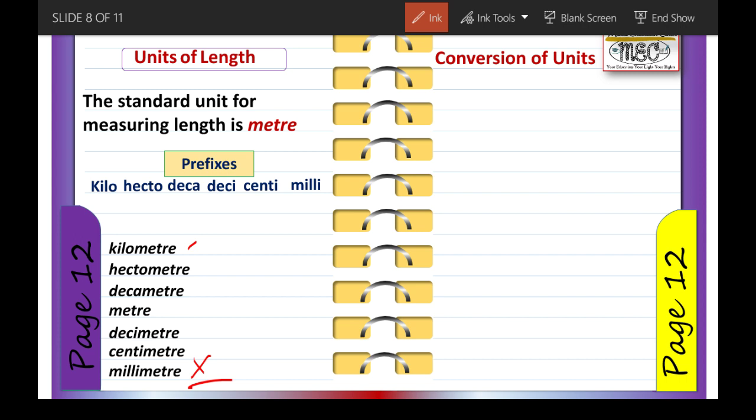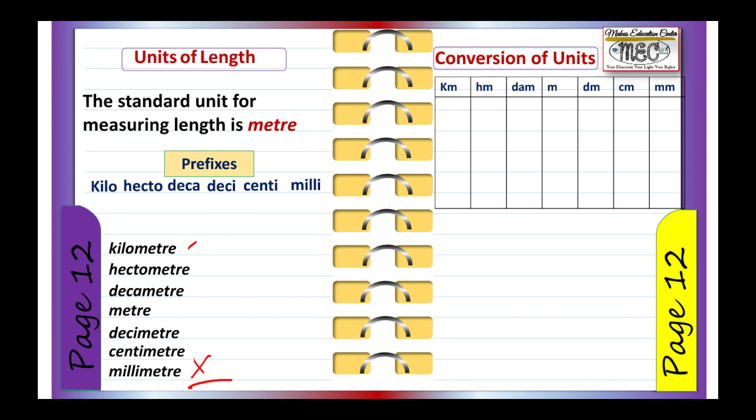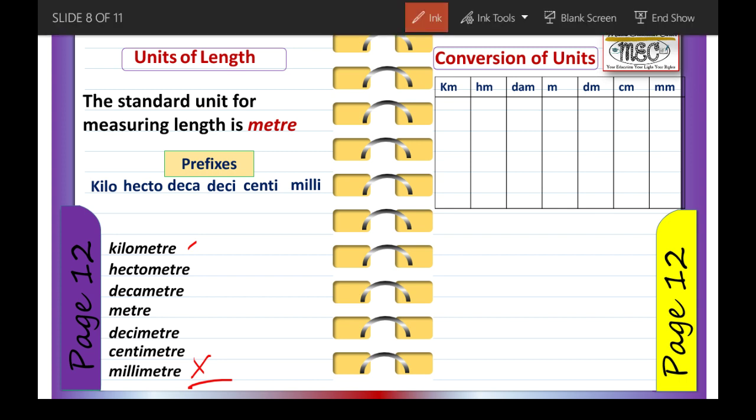So we write the conversion table starting from the biggest unit to the smallest unit. Here we are starting from kilometer to millimeter. Kilometer is larger than hectometer. Hectometer is larger than decameter.